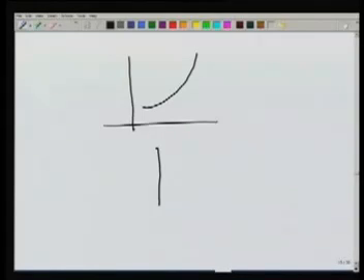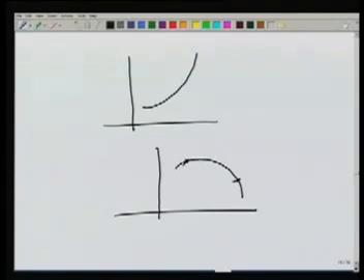And if I want to talk about concave functions, it would look something like this, because if you take the points here and here, look at the line joining these two, the function lies above the line. This means concave. And here the situation is, if I take this point and this point, join the line, the graph of the function lies below the line. That means this is convex.